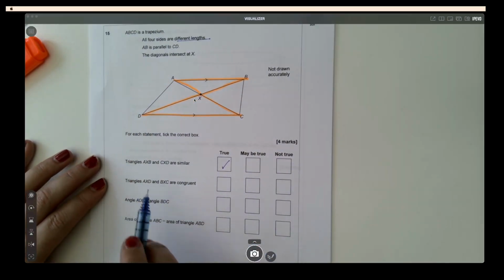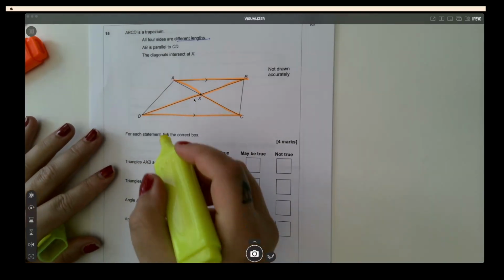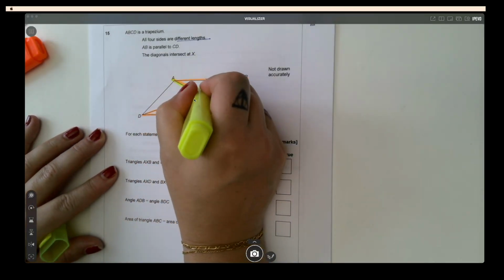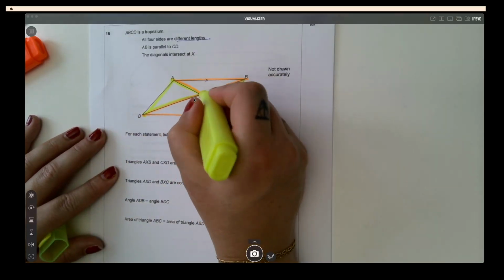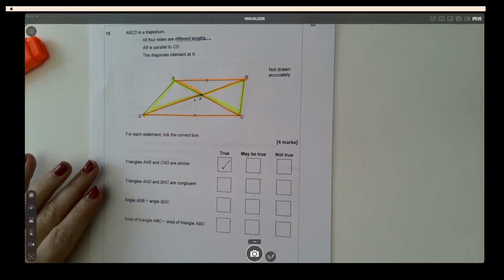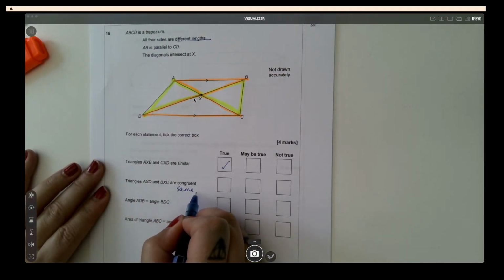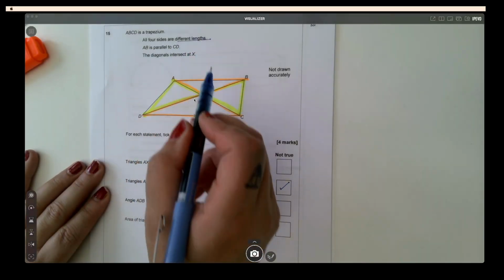Triangles AXD and BXC are congruent. Congruent means exactly the same. This is not true because we've been told all 4 sides are different lengths.